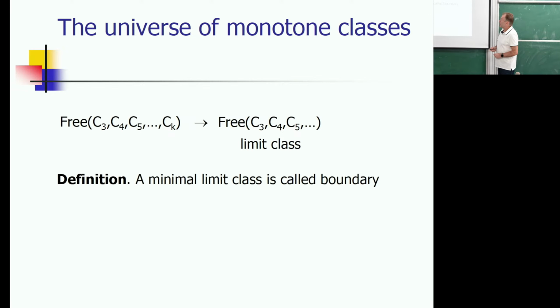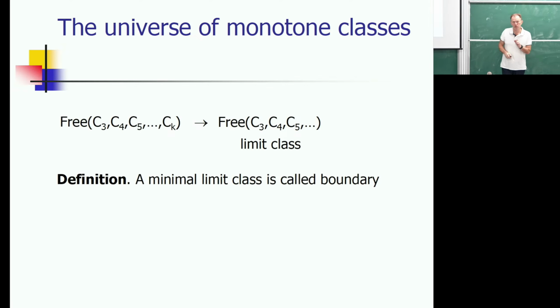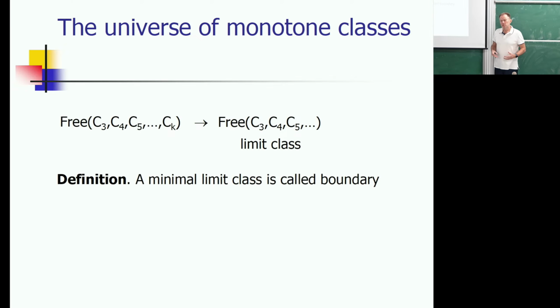And this is the limit of this sequence, and a minimal limit class is called the boundary class, and the importance of this notion is due to the fact that it plays the role of minimal classes if we talk about finitely defined classes.